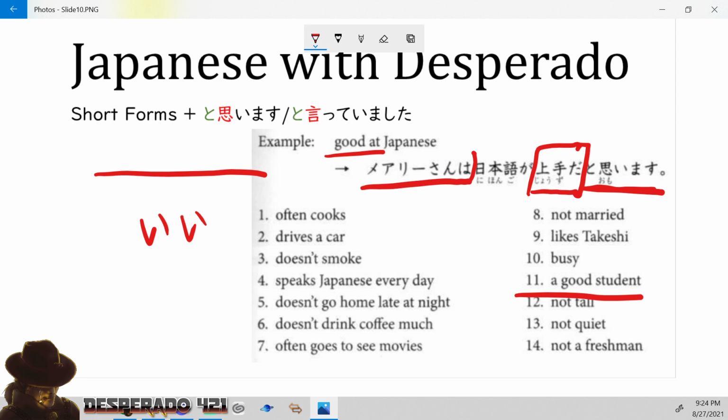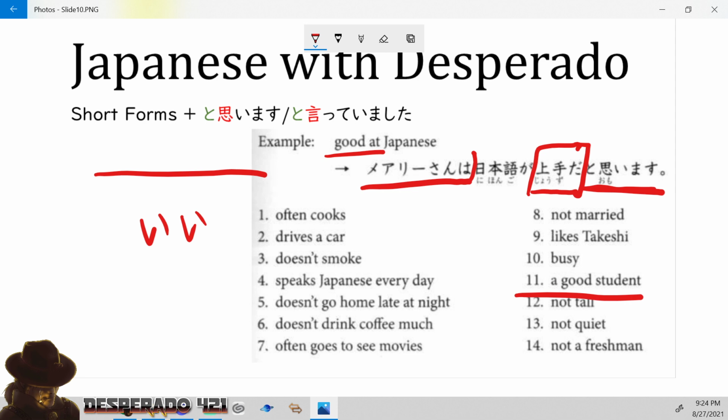So is it literally Mary-san wa ii gakusei to omoimasu? Is that it? Iigakusei. Oh, okay, that way.